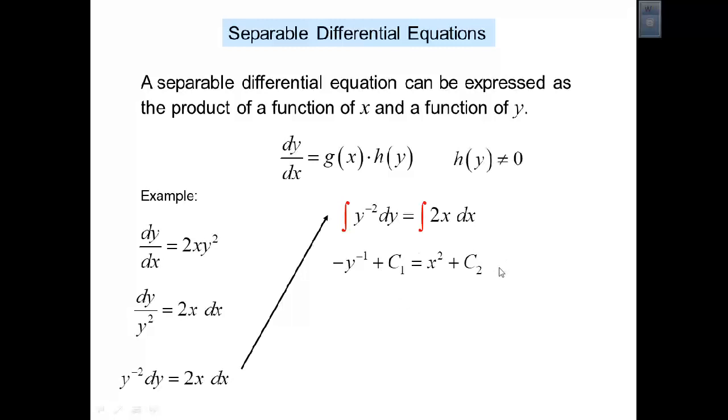I'm going to go ahead and move that one over. It doesn't matter whether it's positive, negative, whatever. We can move those over so we have one c altogether. So we're going to end up with negative 1 over y is equal to x squared plus some big C.